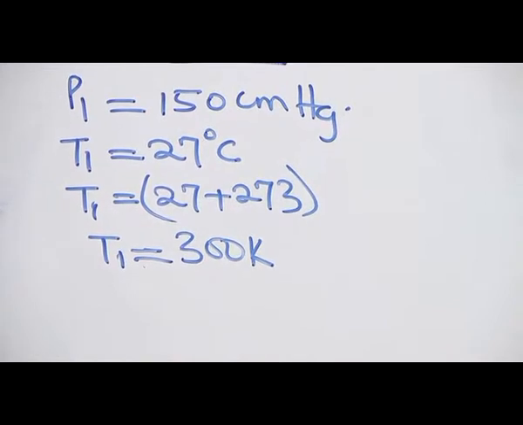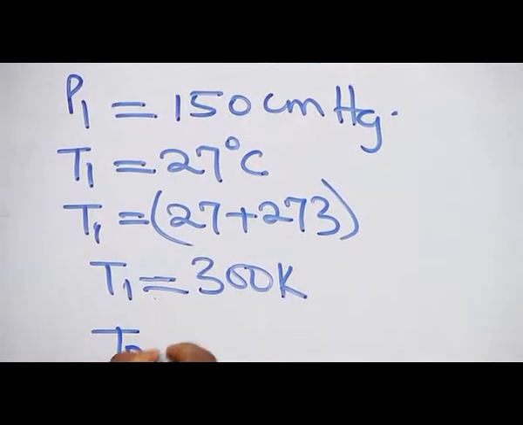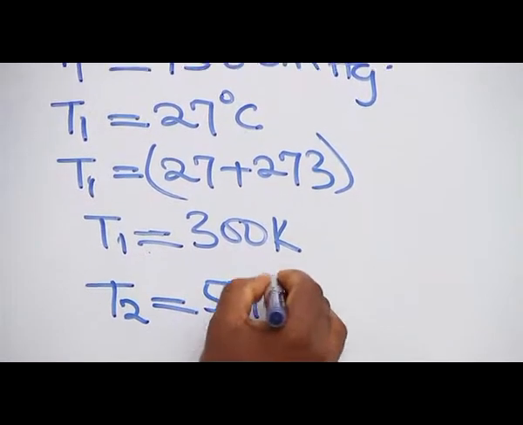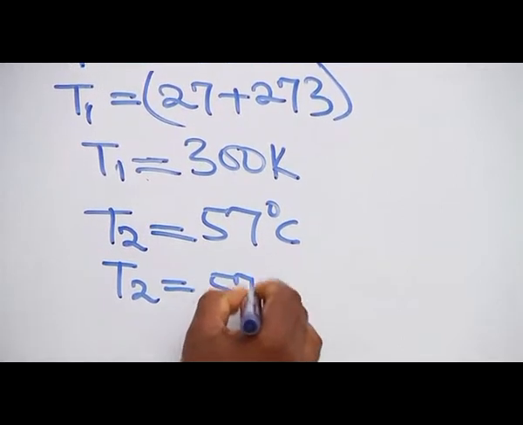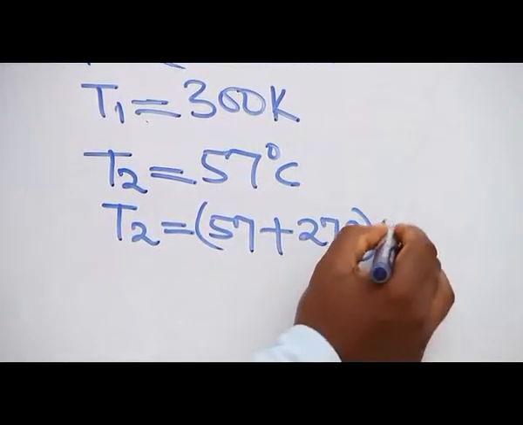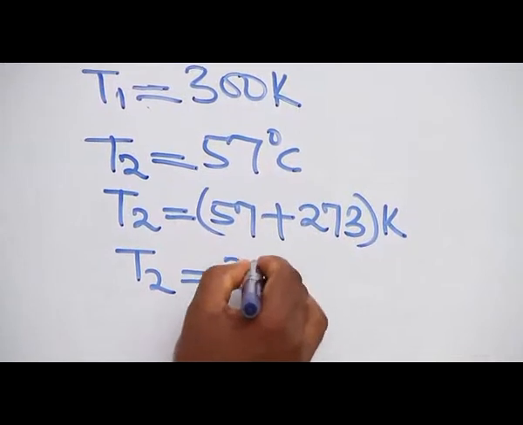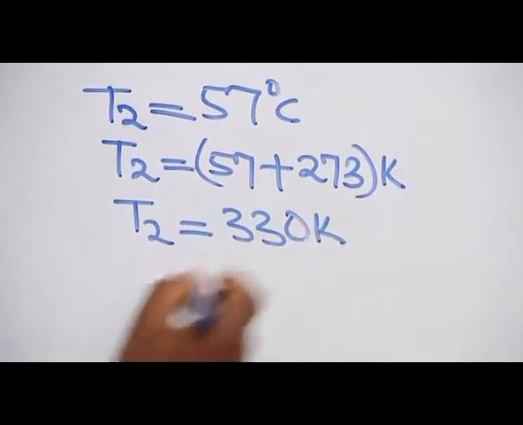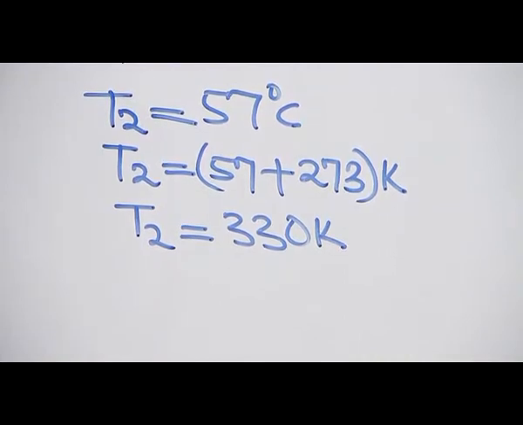Now, due to hard driving, the temperature increased to 57. T2 is 57 degrees Celsius. Converting it to Kelvin, we have 57 plus 273, and that will give us 330 Kelvin.